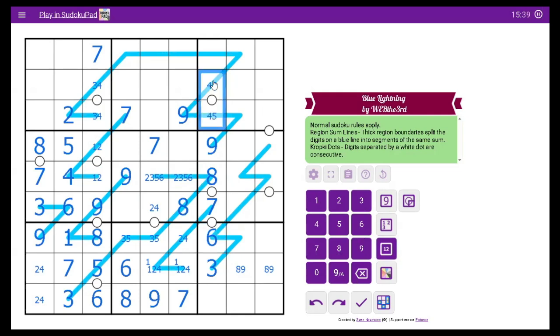But that would break very, very cleverly because remember, these two sum to 9, right? Region sum lines. These two sum to this. So this would have to be a 4, 5 to make it sum to 9. But then you have 3 digits that are different that are coming from 4 and 5. So you'd have to repeat one of them, which is not allowed. So that's important. You can't have a 5 here, so this is restricted.